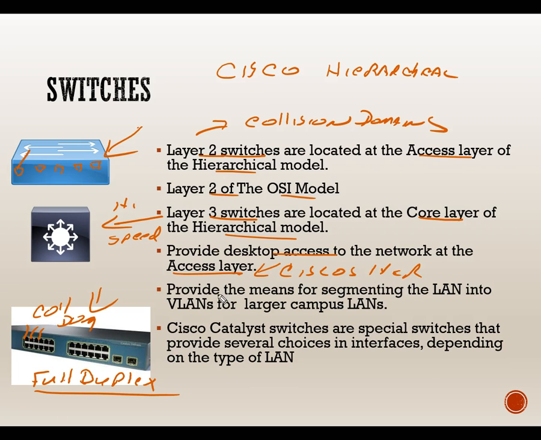The Cisco hierarchical means for segmenting a LAN into VLANs, which we haven't talked about, for a larger campus of LANs, which means that if we had a bunch of switches here and a router here, and we connect these two switch networks together using a router, we would have a local area network here, and a local area network here.